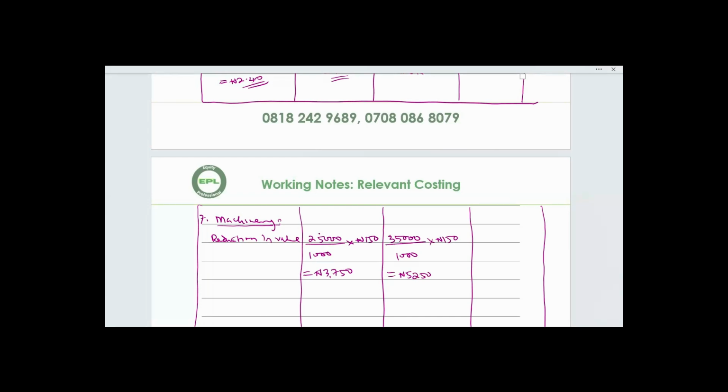We are not using it to produce. So that means the company will earn the entire 37,500 when the machine is disposed. So there is no reduction in value.